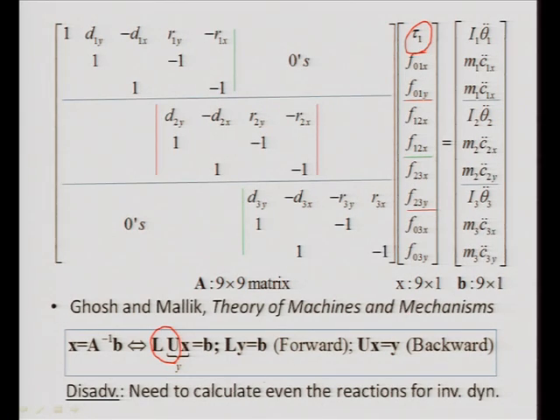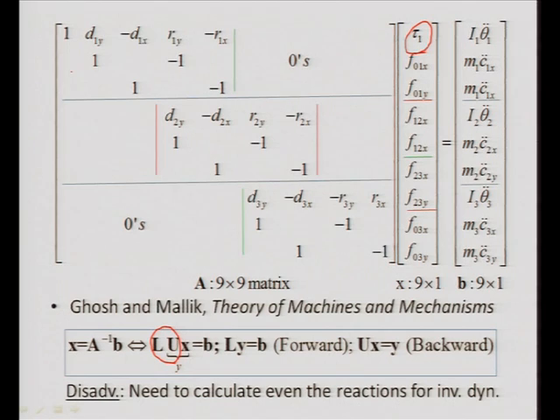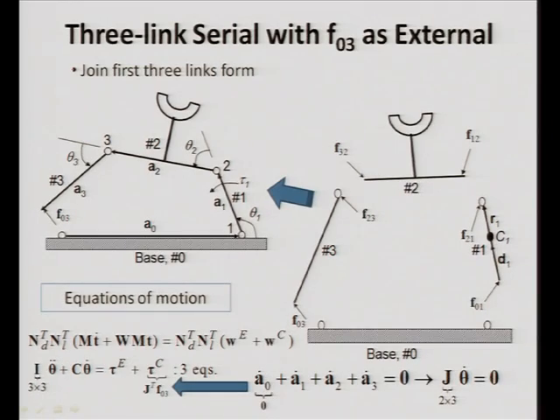So, I need to calculate even the reactions for inverse dynamics, even though they are not of interest at this stage, but actually for design purposes they may be useful, though not for calculating tau 1 in my inverse dynamics. So, this is the formulation which you already know from your earlier knowledge of the mechanisms course.